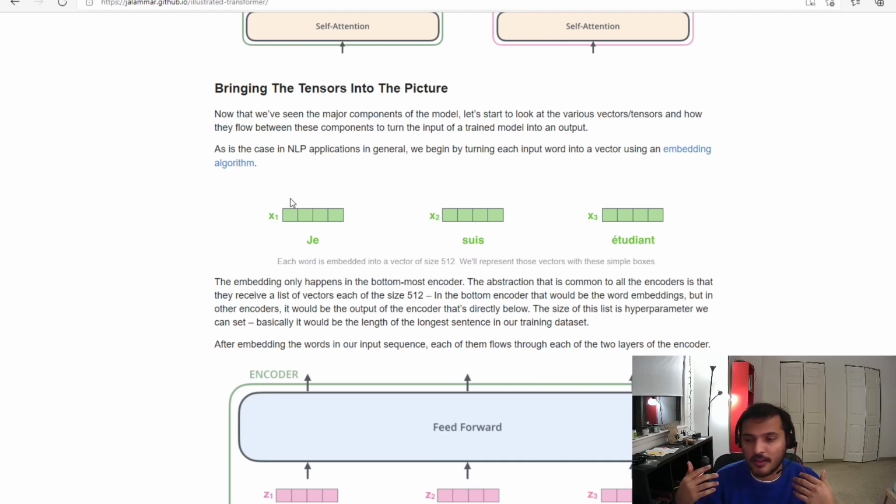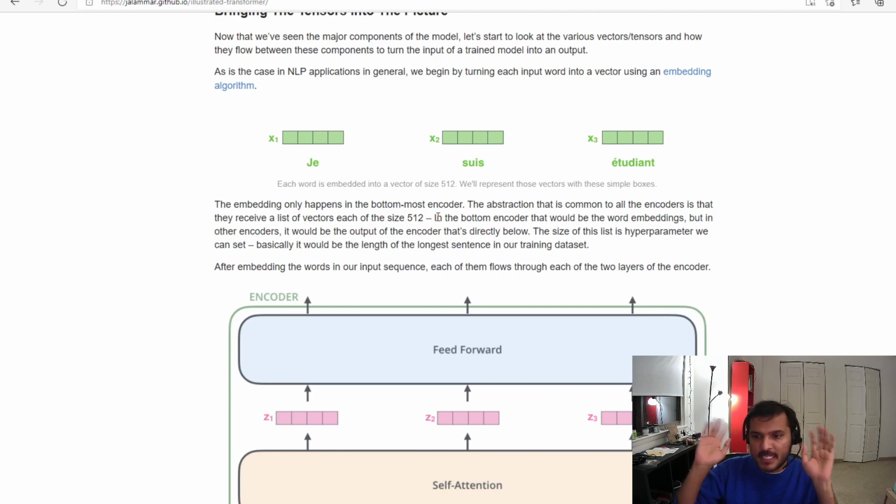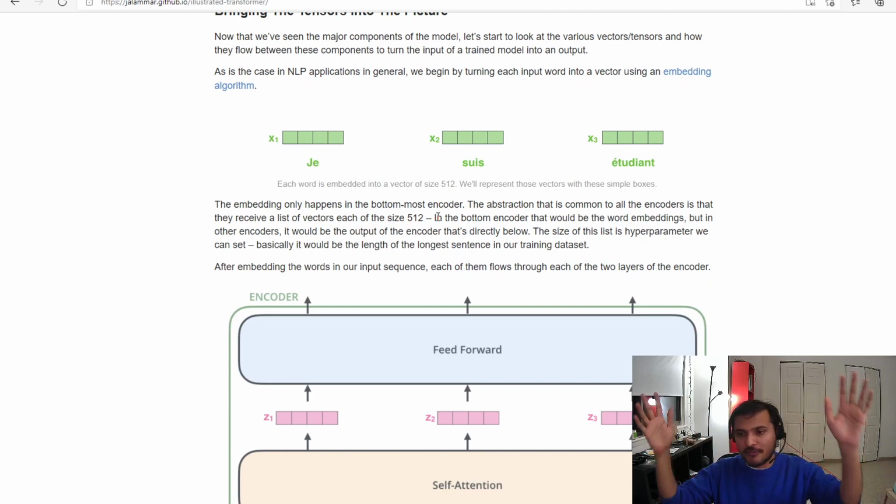This is called the embedding representation. There are thousands of ways of doing that, word2vec and so on. Let's say for these three French words, I get some embedding. Getting the embeddings is a whole different field, so you can get into that rabbit hole as well.